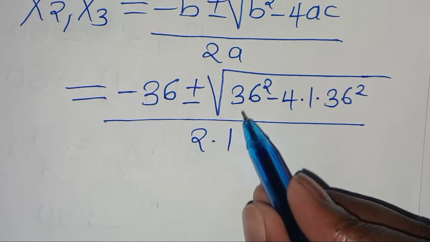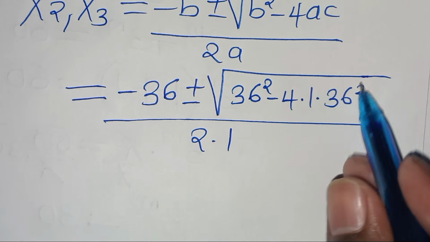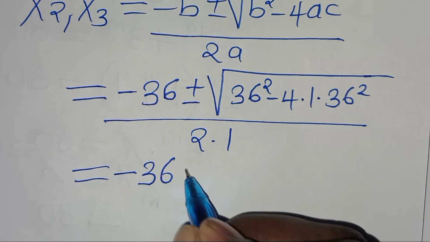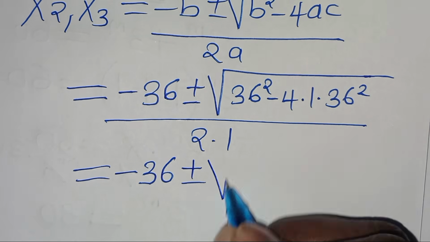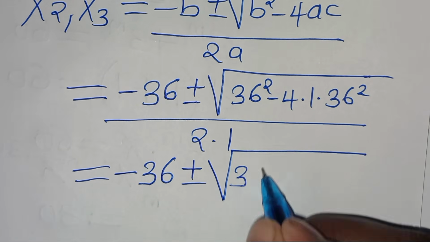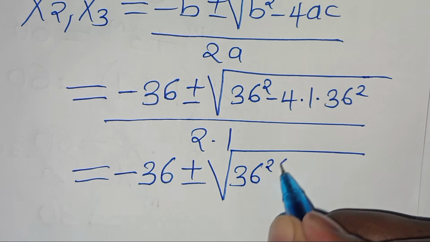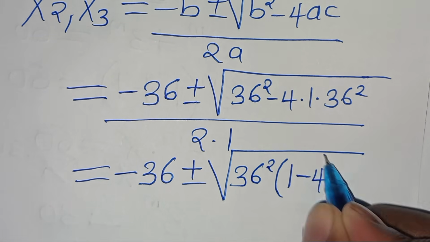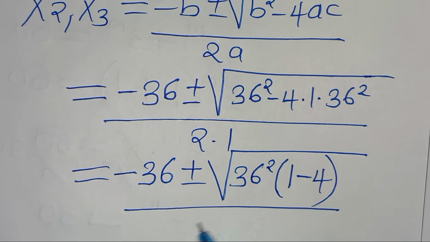So you can see that 36 to the power of 2 is common here, so we can factor out 36 to the power of 2, so that now here we have 36 to the power of 2 times the parentheses, which is the same thing as 1 minus 4, then divided by 2.